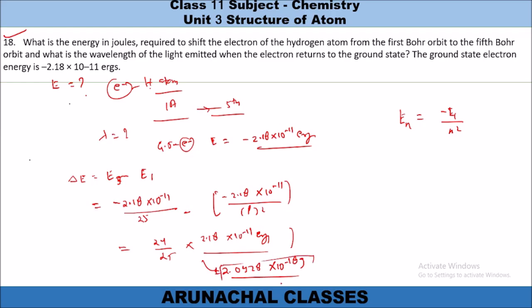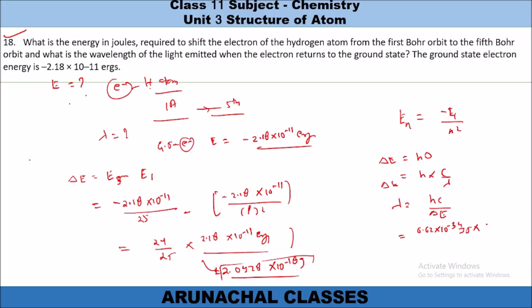Now in this question we have to find out the wavelength also. We know that delta E is equal to h nu, and nu is c upon lambda. So here we need to find out lambda. So lambda will be equal to hc upon delta E. h is given as 6.62 into 10 power minus 34 joule second.